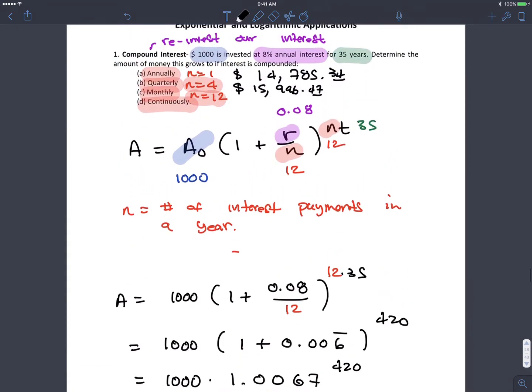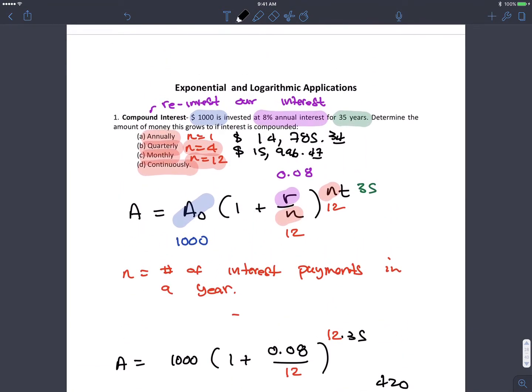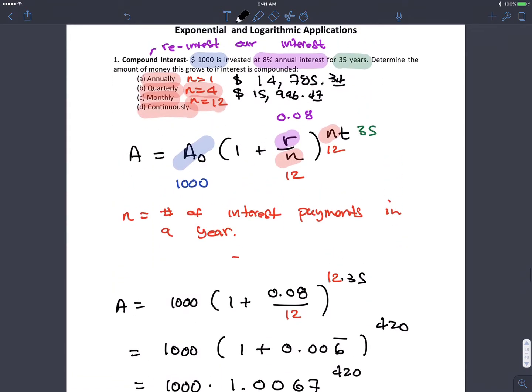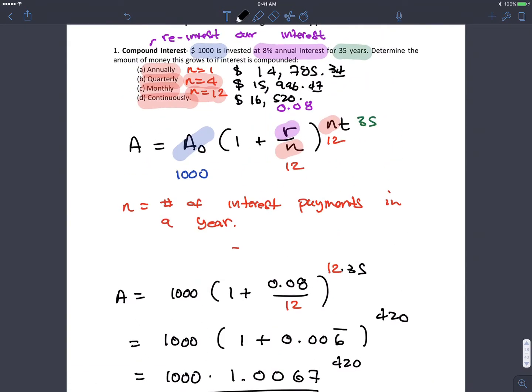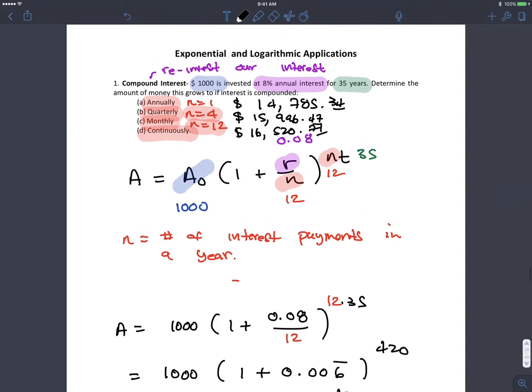As you can see, when our interest payments are compounded monthly, the amount actually becomes $16,520.71. I believe it's getting a little crowded here. We're going to get rid of it eventually.